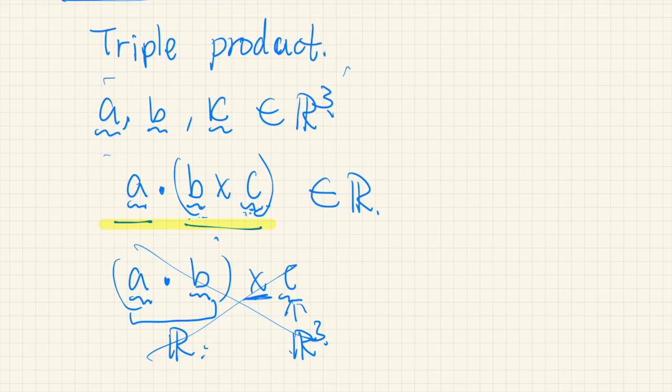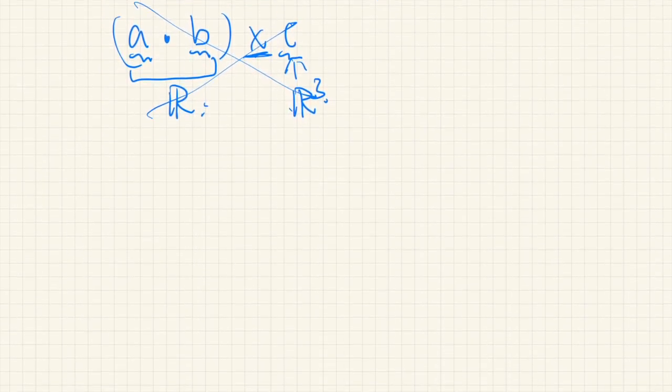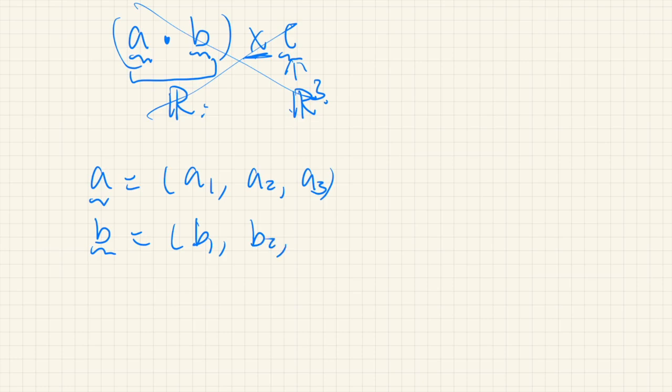Okay, now here's an important property of the triple product. Let's say we have A with components A1, A2, A3, and B with components B1, B2, B3, and C with components C1, C2, C3.